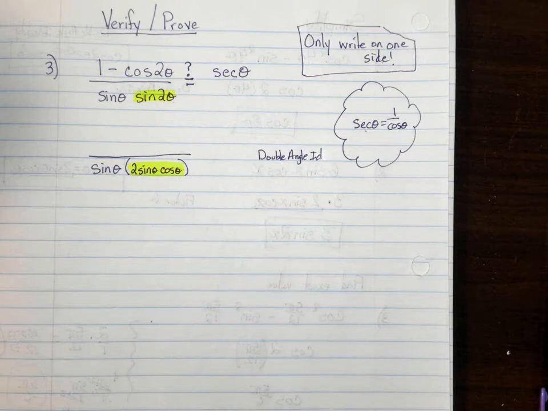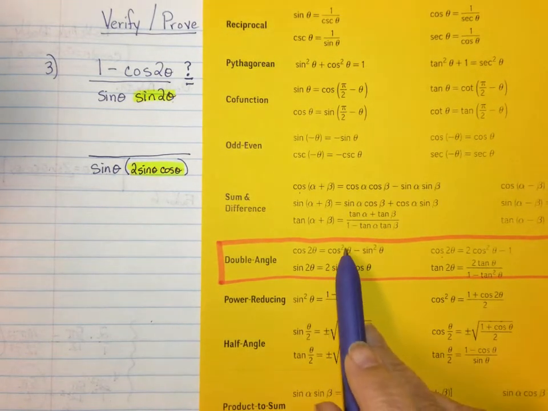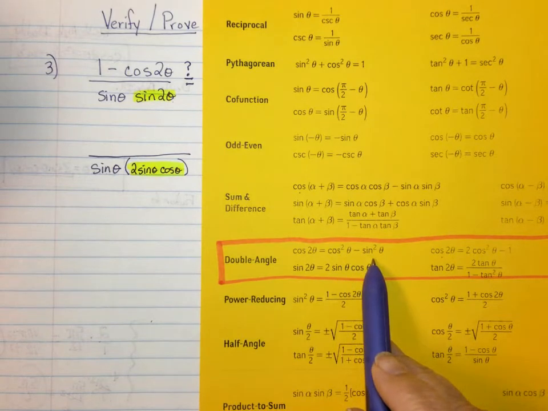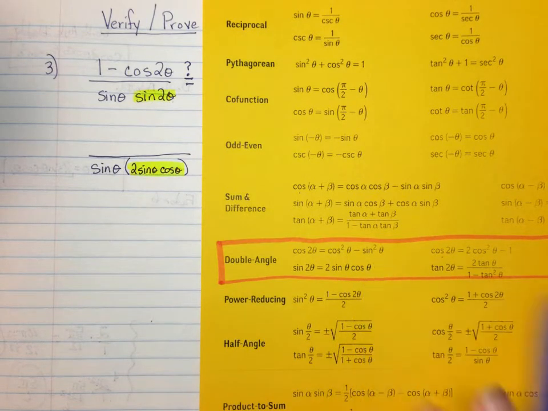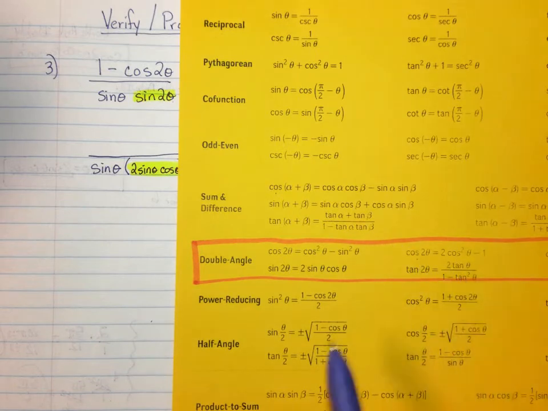Now, when it comes to cosine of 2 theta, I've got choices. So cosine 2 theta, I could use cosine squared theta minus sine squared theta. Or I could do 2 cosine squared theta minus 1.